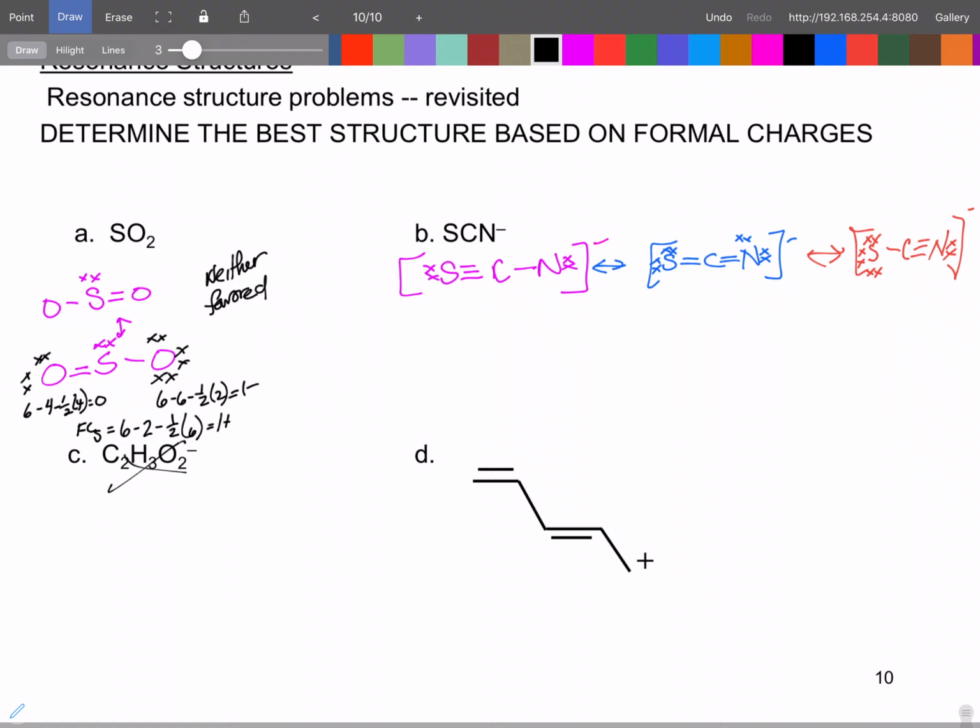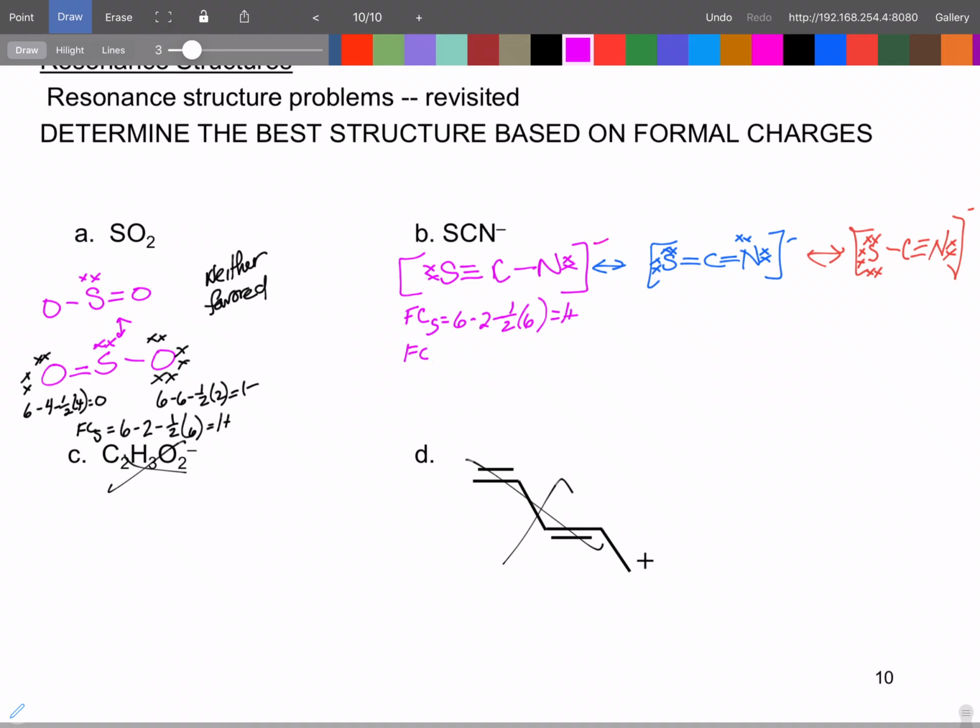Okay, we're not going to worry about these at all for this type of problem. So we're going to do our math here. The formal charge of sulfur is going to be 6 minus 2 minus 1/2 of 6, which is 3, so that's going to be 1 plus.